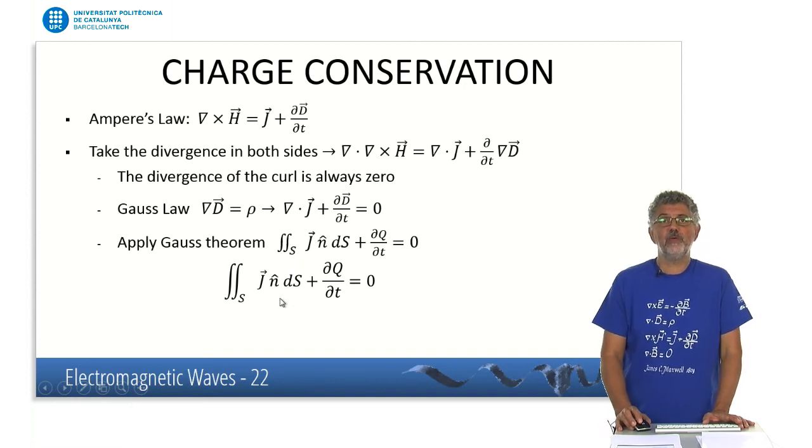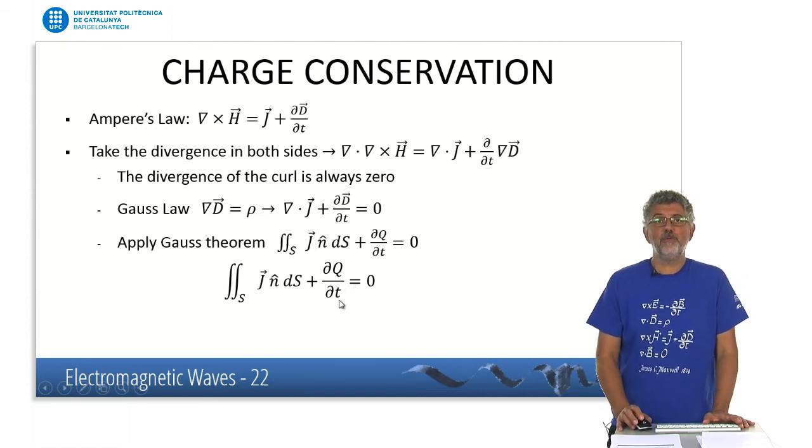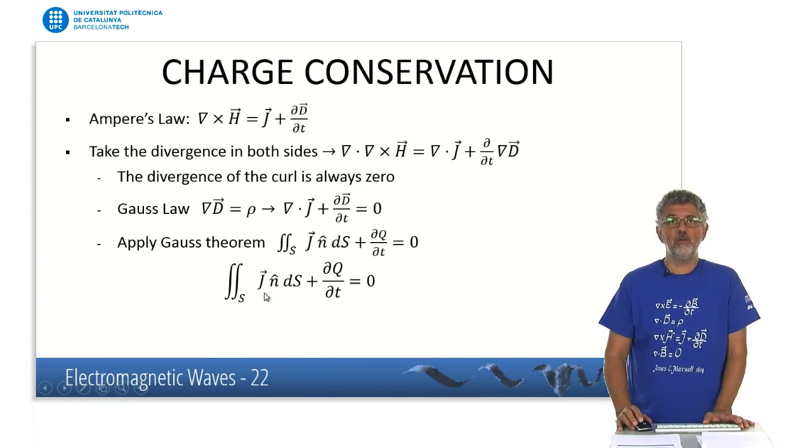Now, when we look at this final expression, look what we have. This integral here is the net flow of J, the current density, over a closed surface. And what this is telling us is that that flow of current is related to the change of the charge inside that volume. So if this net flow is zero, then the time derivative has to be zero.